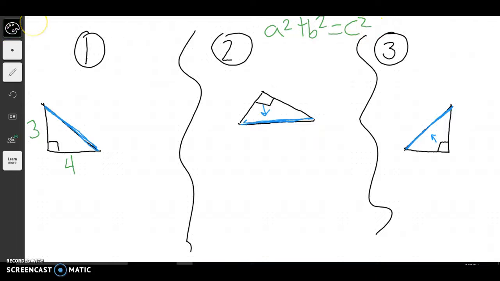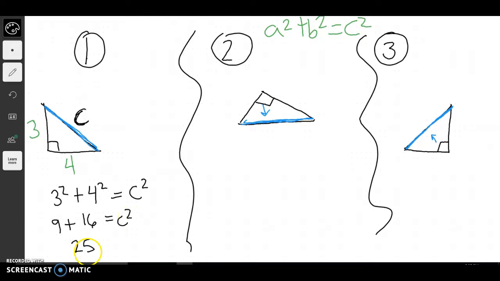So we know that this side, which is my long side, would be the hypotenuse, and we call that c. Let's plug this into the formula. So we know that 3 squared plus 4 squared would equal c squared. Well, if that's true, then we know that 9 plus 16 would equal c squared, and that 25 would equal c squared.